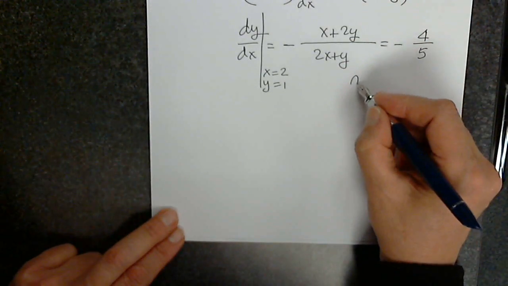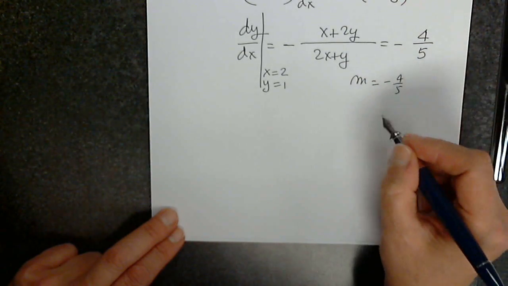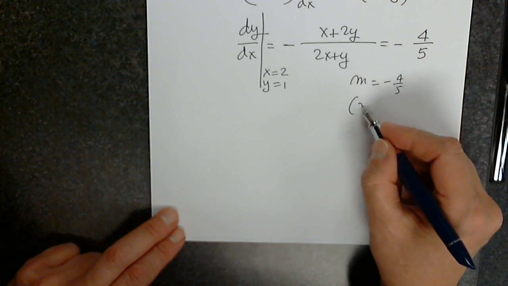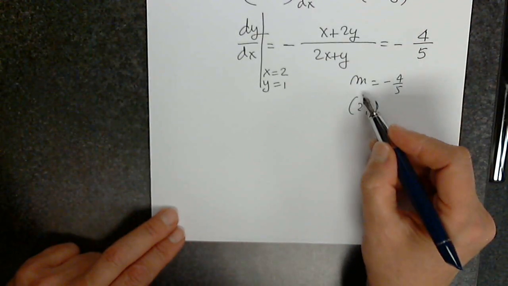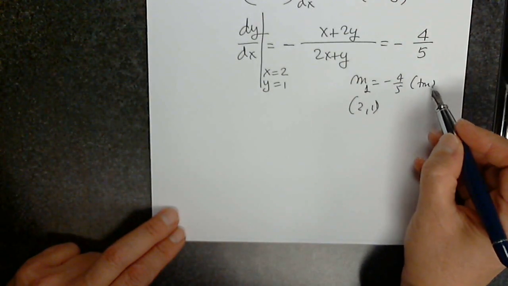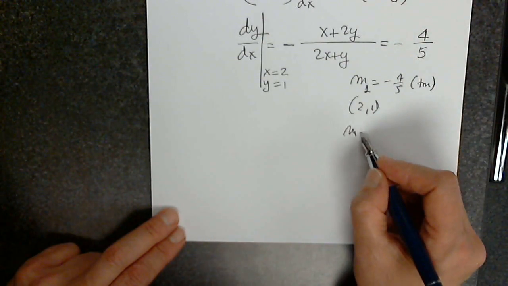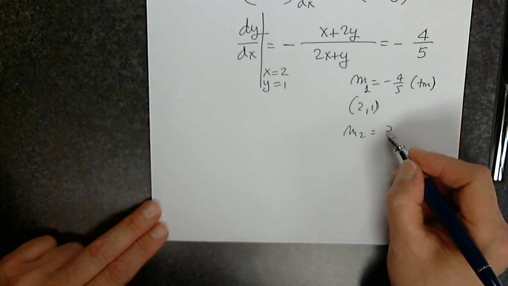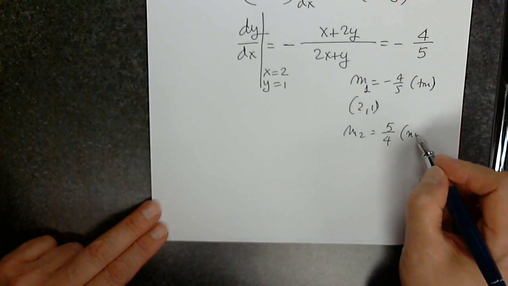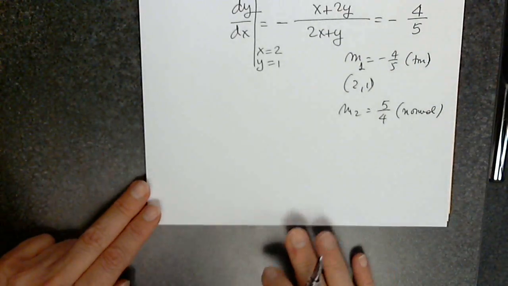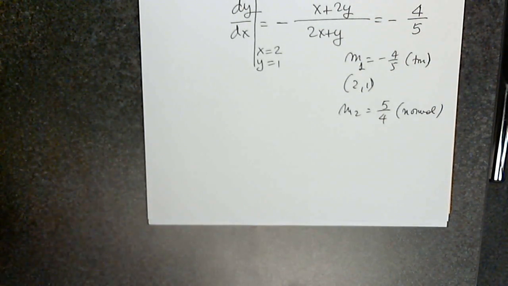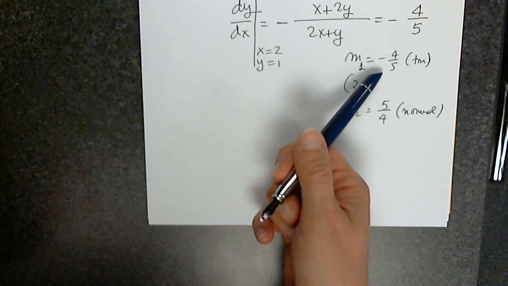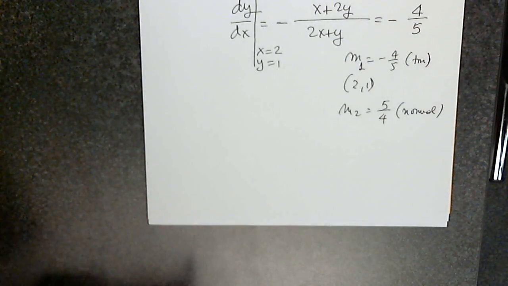So we have the slope and we have a point. This is the slope of the tangent line. Can anyone give us the slope of the normal line? Very good. They must be perpendicular. Therefore, if one slope is negative 4/5, the other one has to be 5/4.